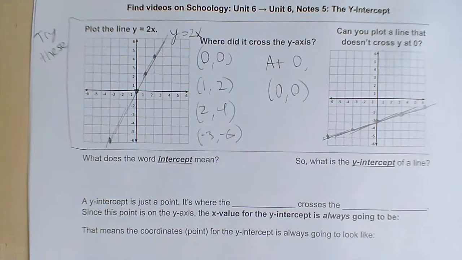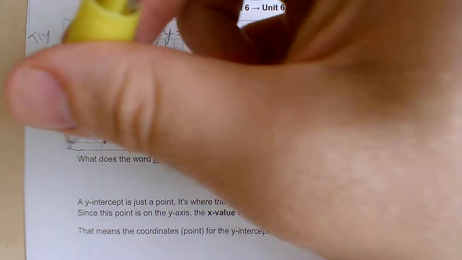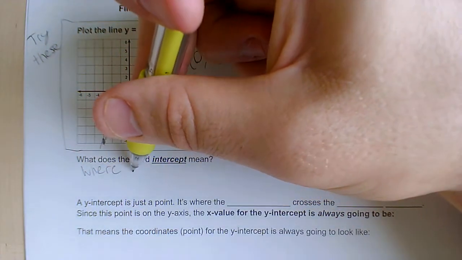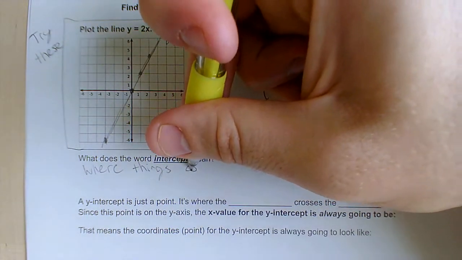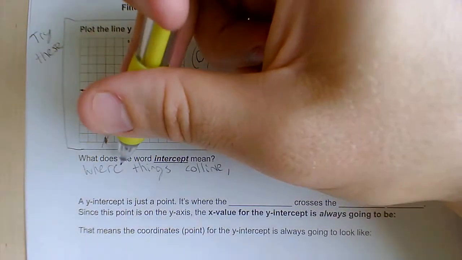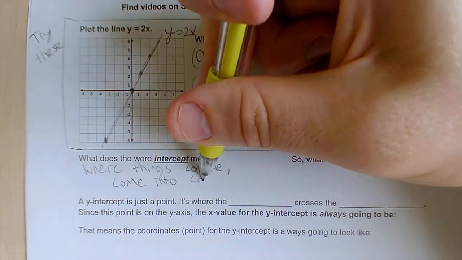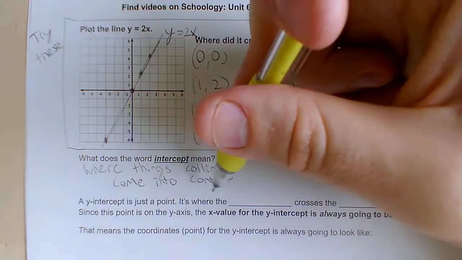First, we want to ask ourselves, what does the word intercept mean? Well, it means where things collide, come into contact, or even just where things cross.